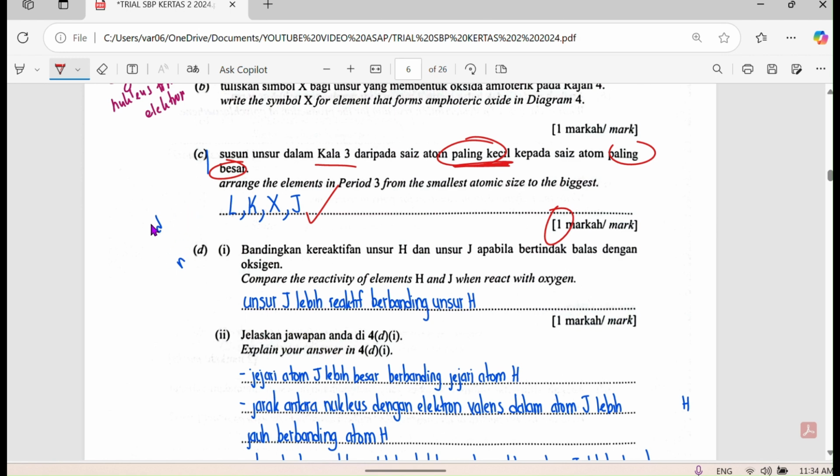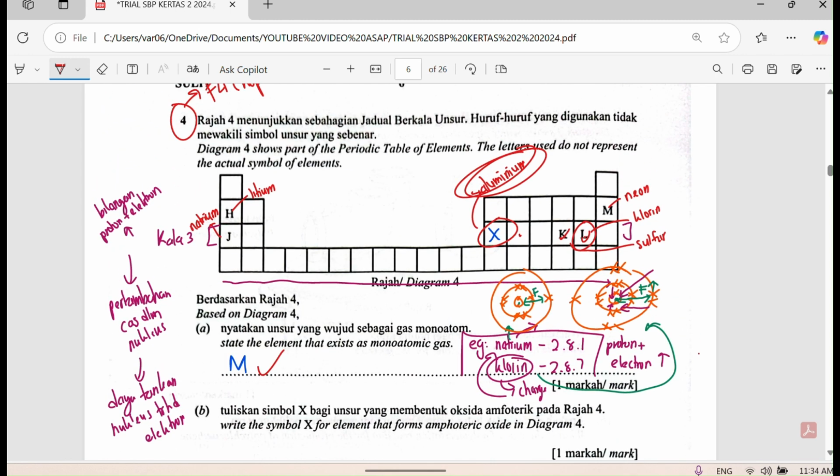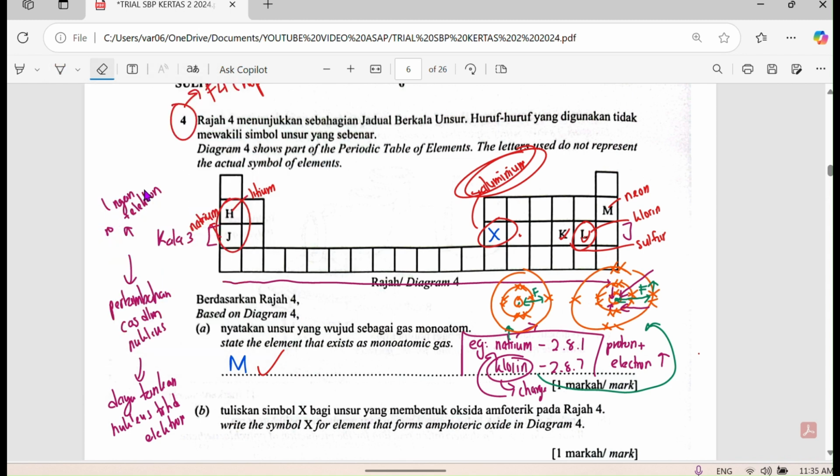Next. Bandingkan kereaktifan unsur H dan J apabila bertindak balas dengan oksigen. Where is H and J? Okay, H and J is here. This one also eventually I have to draw and show, it's easier to understand.